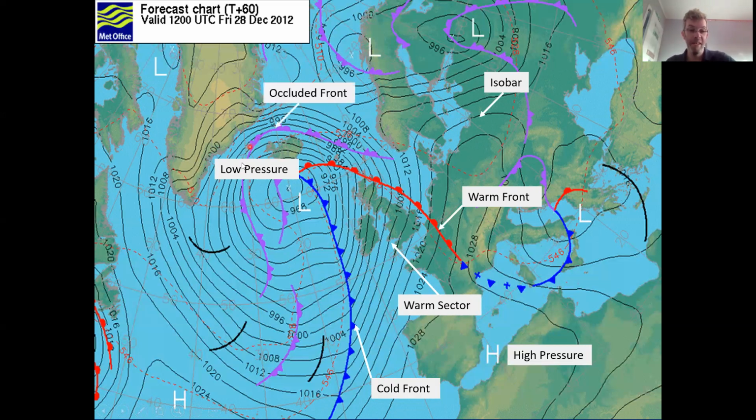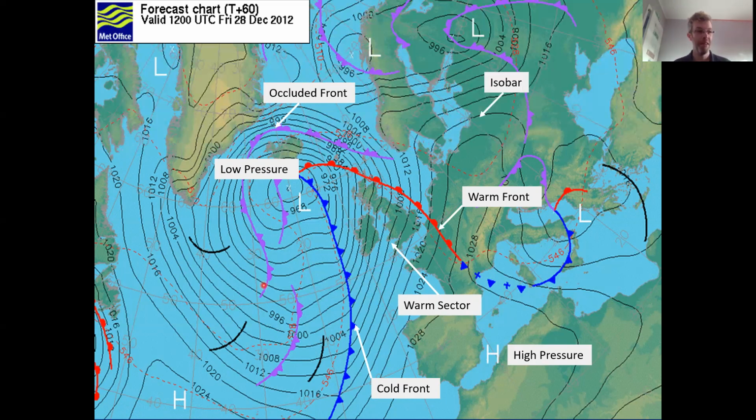This last section over here that we can pick up from this chart is an occluded front, and that happens in two particular areas. One on a low pressure, when the warm front and the cold front essentially zip up and join together, and then the characteristics will differ.